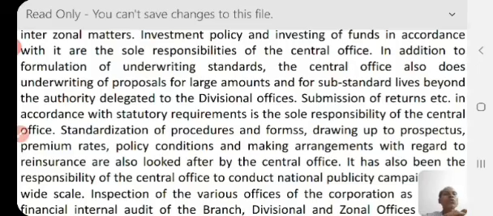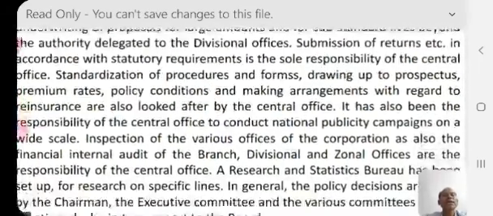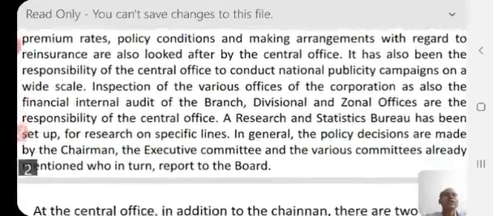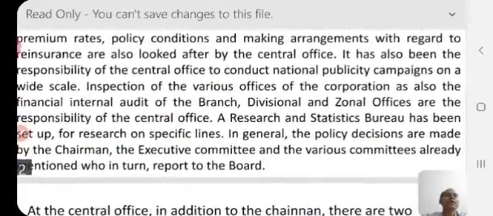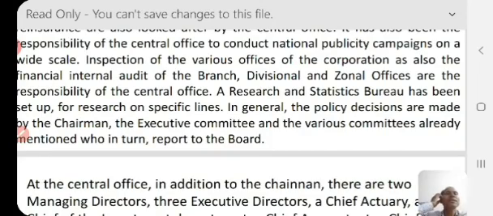It is also the responsibility of the central office to conduct national publicity campaigns on a wide scale. So advertising the different policies and advertising the organization is also the responsibility of the central office.